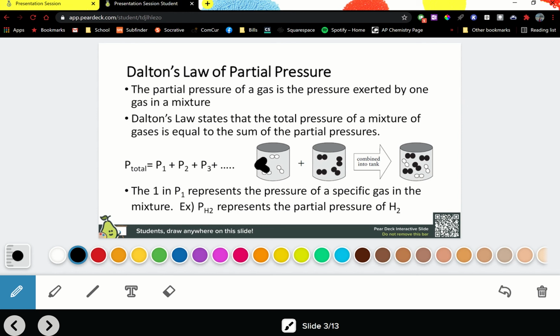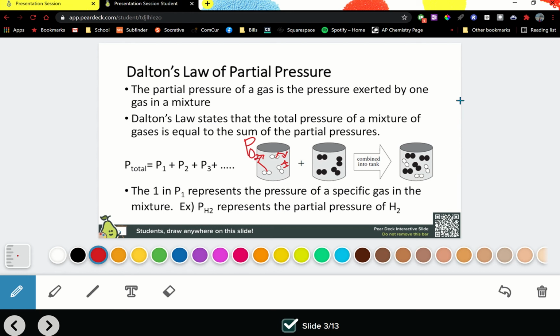Every time they hit the sides of the container, they create a force against the side of the container, and they create pressure. As they continue to move, they continue to create that pressure. So that pressure of one gas is also called the partial pressure. We represent it by P, and then a little subscript next to it to represent which gas we're talking about. So for instance, if this was oxygen, I put P of O2.